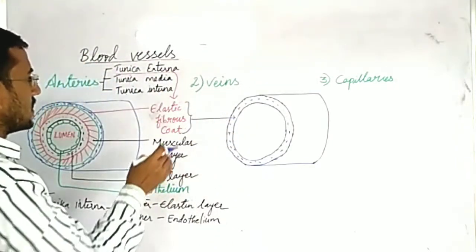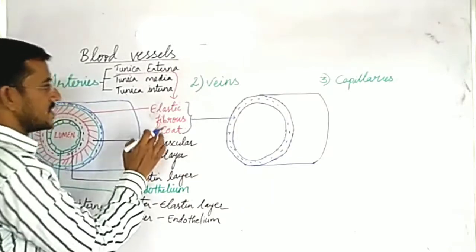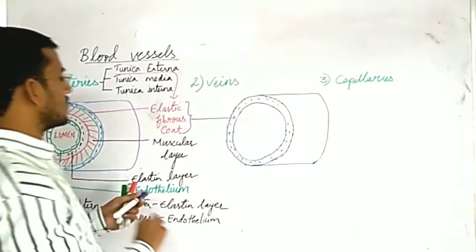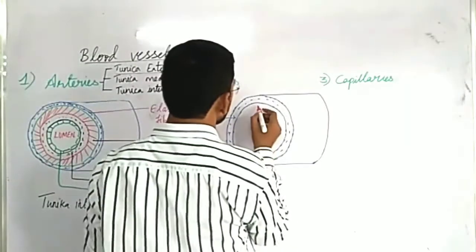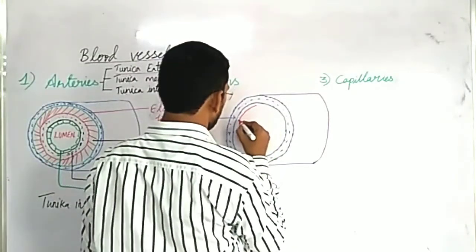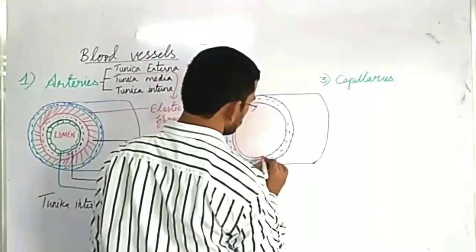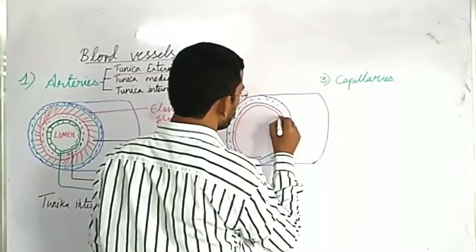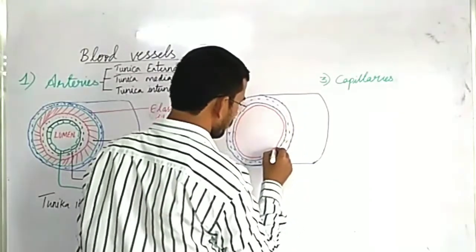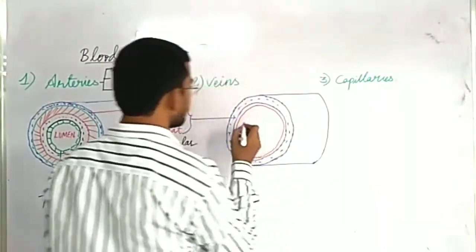It is made up of elastin fibrous coat. Then the next layer is tunica media.